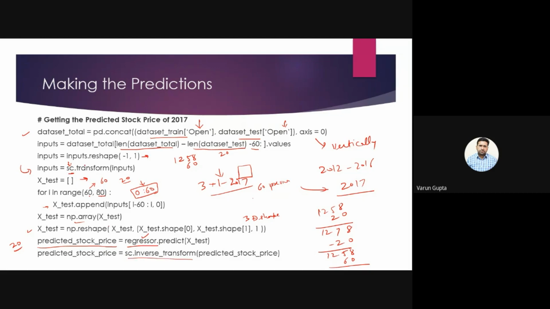Since earlier you normalized them, now you are going to denormalize them so that they come into the real picture, like the real data. So now your predicted stock price contains 20 values of predicted Google stock open prices of 2017, where each value has been predicted using 60 previous values.